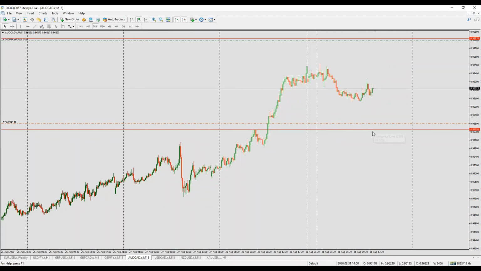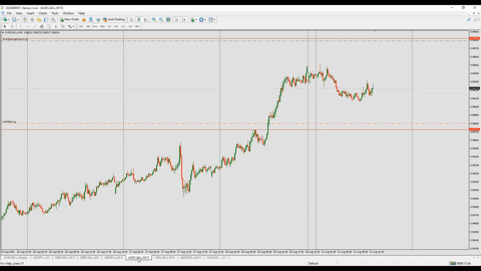I mean, if the price reached this demand before, then I'll buy here, and the target will be this supply. Okay. So I'll just sit and wait. For now, I won't put the limit order here on the buy limit. I'll just follow the price.